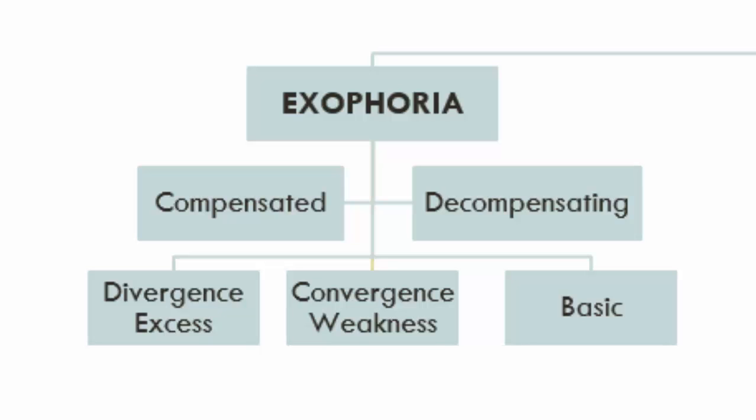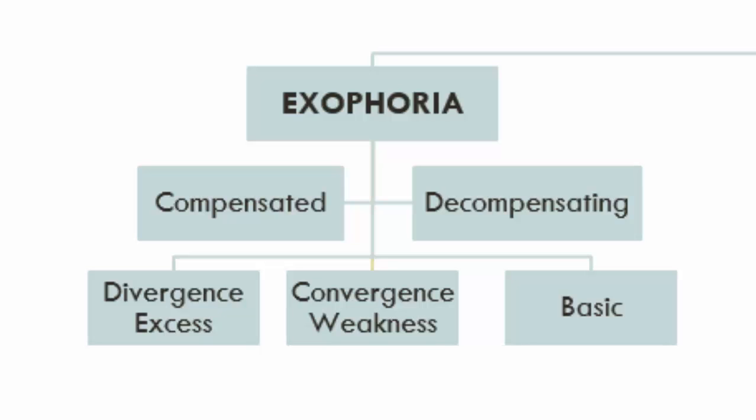However, for other patients, the deviation may be decompensating, in which case the patient is having difficulty controlling the deviation, and generally on cover tests, now you're going to see a slow recovery or a poorer recovery than, of course, someone who is compensated. And for these patients, at times, they may become intermittently manifest when they lose control of their exophoria.